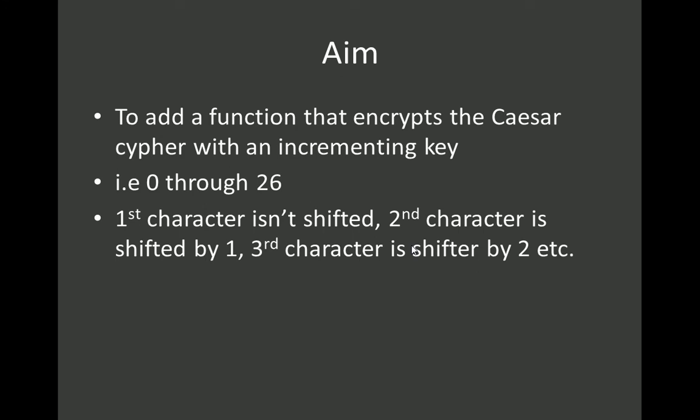Basically for the first character the key will be 0, for the second character it will be shifted by 1, third character will be shifted by 2, fourth character will be shifted by 3, you get the idea. Why am I doing it in that way? It's the absolute simplest to code. There's very little effort at all in order to do this. Obviously if there is a different spec you're going to have to add or subtract or think of the maths, but let's just see how we do it for this very simple case.